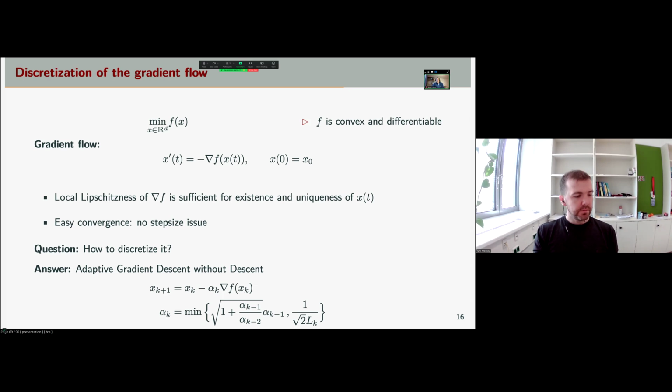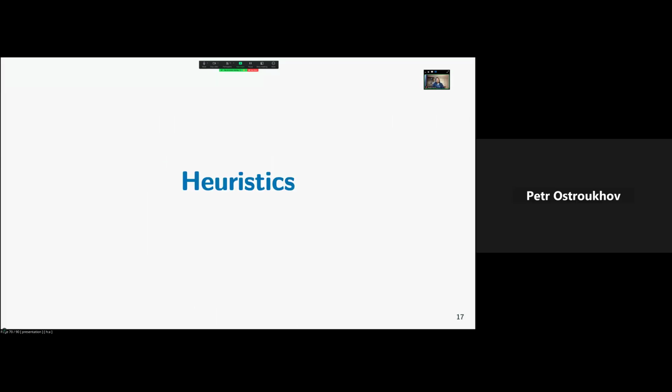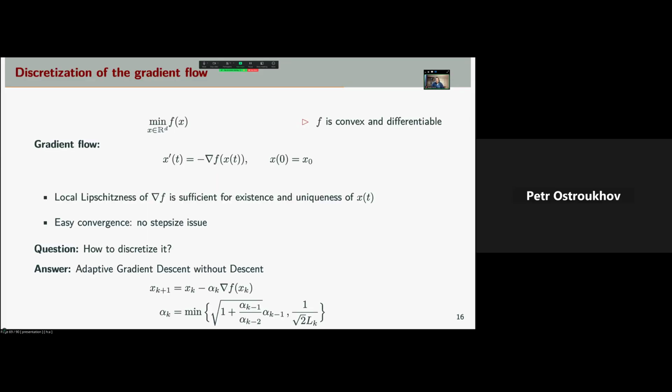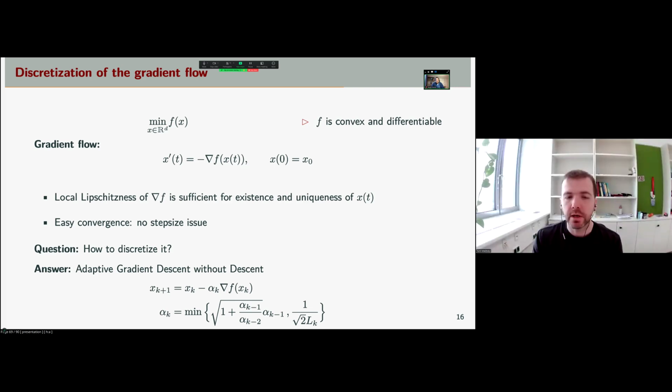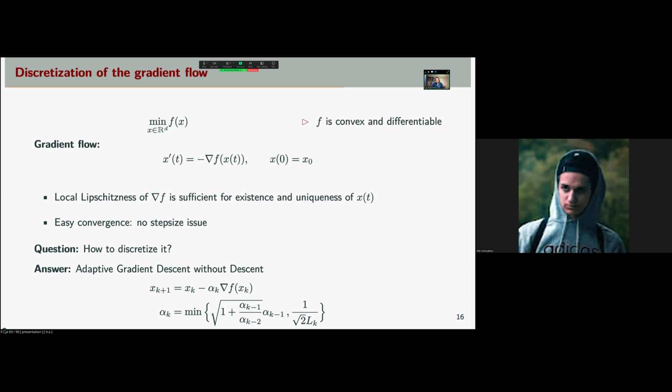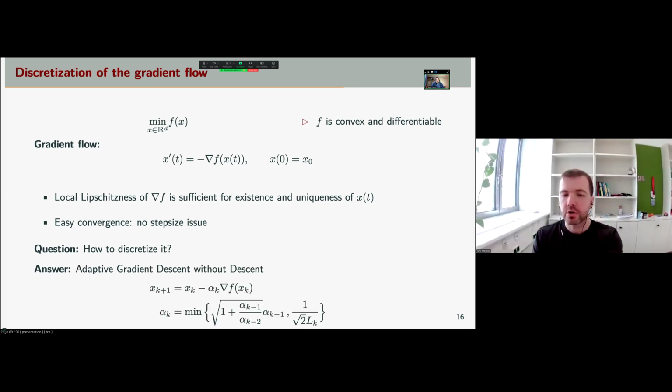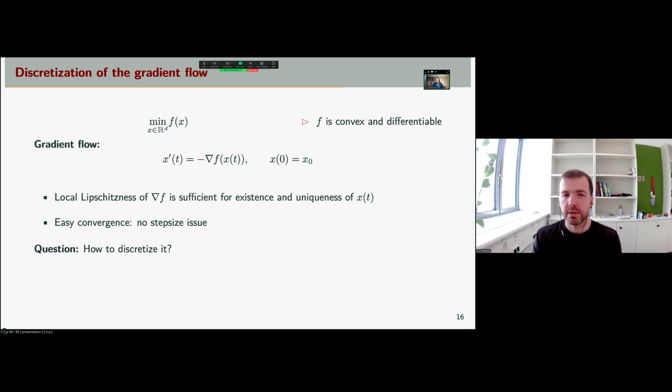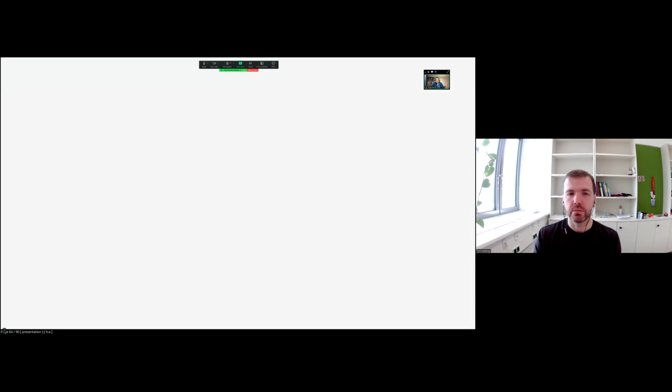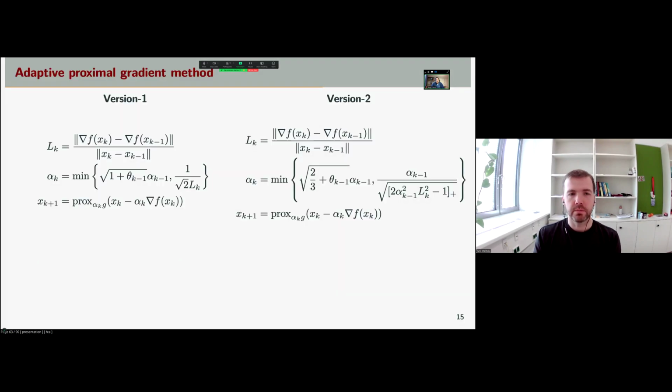Any questions so far? Okay. May I have a question, please? Yep. Could you remind me what theta is in the step size? Yes, theta was on one of the previous slides. This is the ratio between alpha k minus 1 and alpha k minus 2. So I will show you. Yep, let me see.